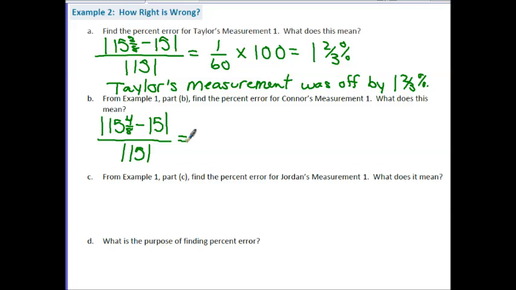When I simplify this, I get 1/30. We're multiplying by 100 so we can turn it into a percent, and I get 3 1/3. So in the context of the scenario, it means that Connor's measurement was off by 3 1/3%. Compared to Taylor's measurement, his measurement was not as close.